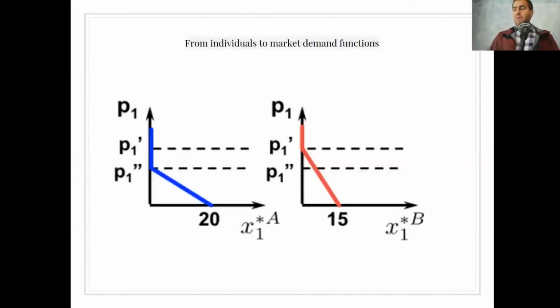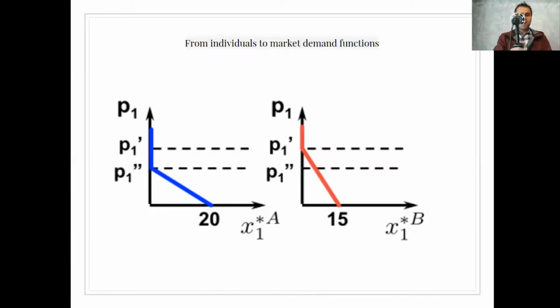So if we have different people, the aggregated demand is the sum of those different people. For the simplest case, let's take the demand of two different people, person A and person B, and you're seeing both of their demands in the slide.